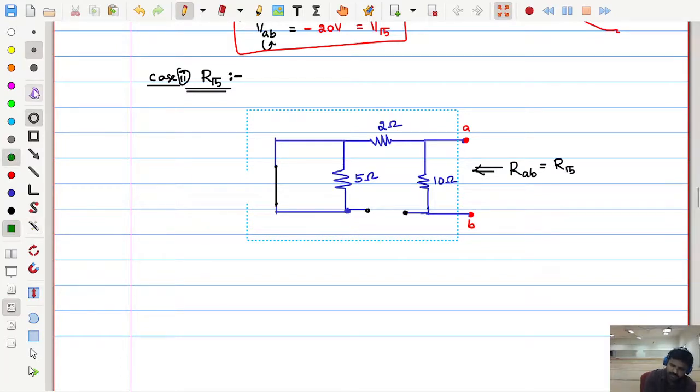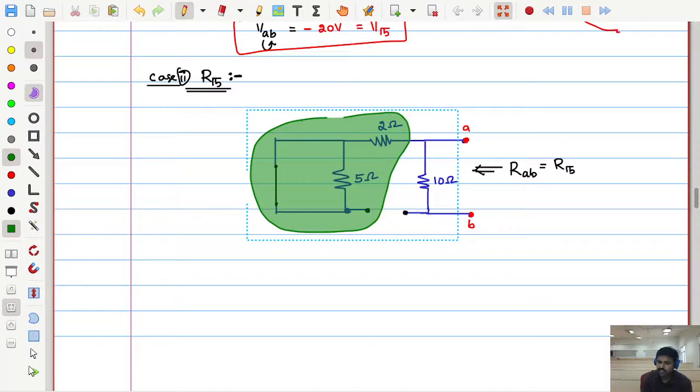This entire portion is a redundant branch, useless. What is meant by a redundant branch?